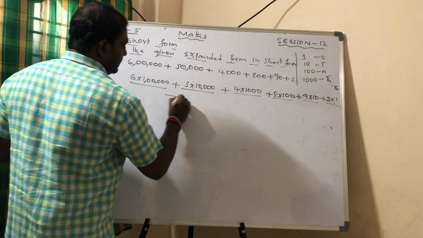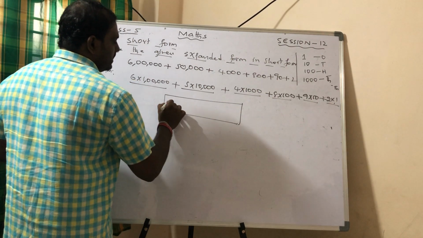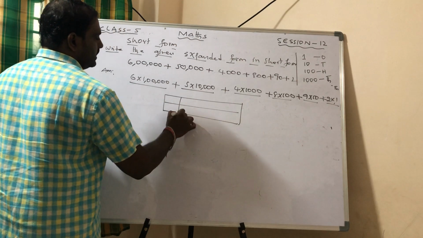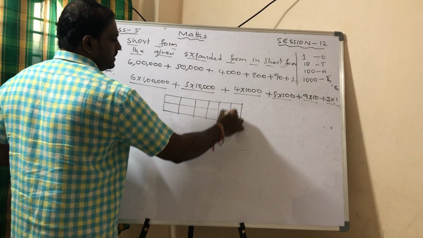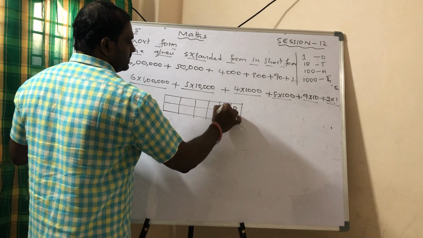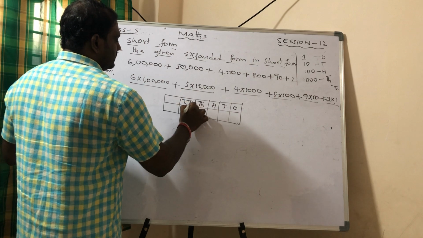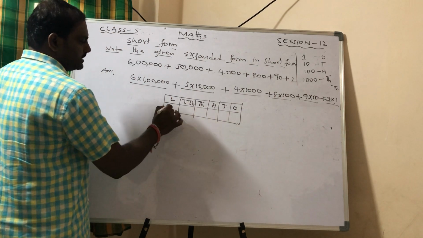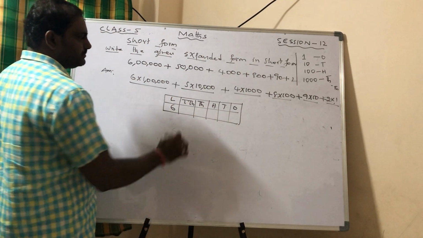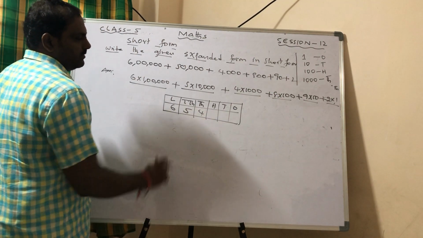That's all. Then take a box. This time how many numbers should I take? I have to take 6 boxes, because the highest is lakhs, right? So ones, tens, hundreds, thousands, 10,000s and lakhs. How many lakhs are there? 6 lakhs, 50,000, 54,000.